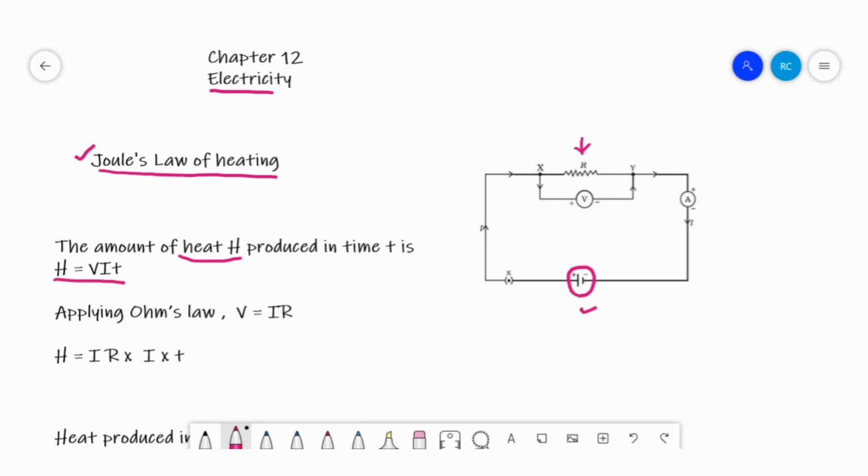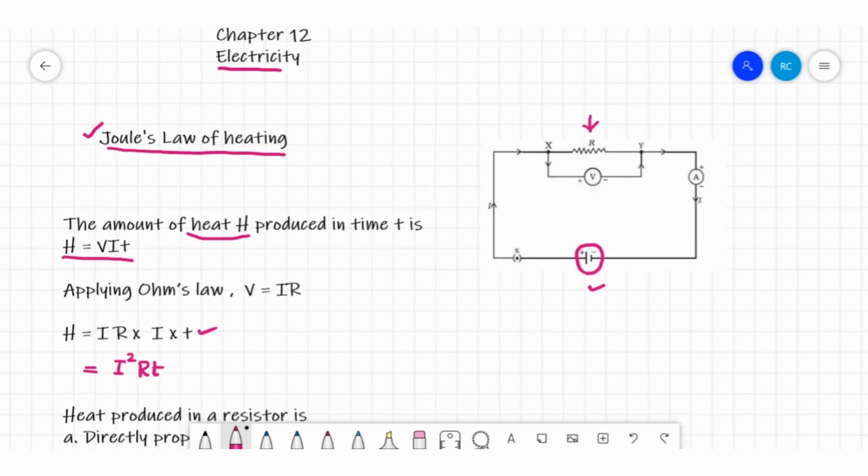Applying Ohm's law, V is equal to I into R. So if you substitute V with IR, the equation becomes H equals IR into I into T. Now I is coming two times, so you can write I square into R into T. So this is known as Joule's law of heating.